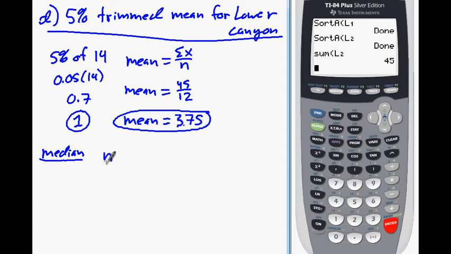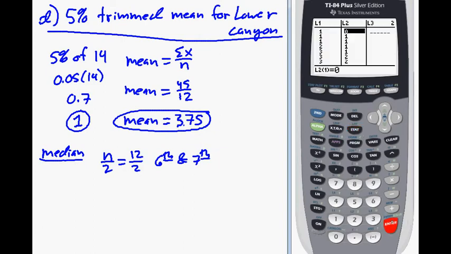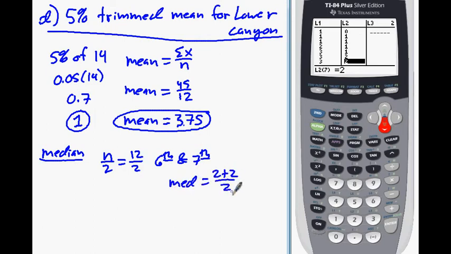Our median position, if we go through the exercise, will be 12 over 2, which is the 6th and 7th numbers. And if we look at the 6th and 7th, it's the 2 and 2 again. 2 plus 2 over 2. So the median is still 2.